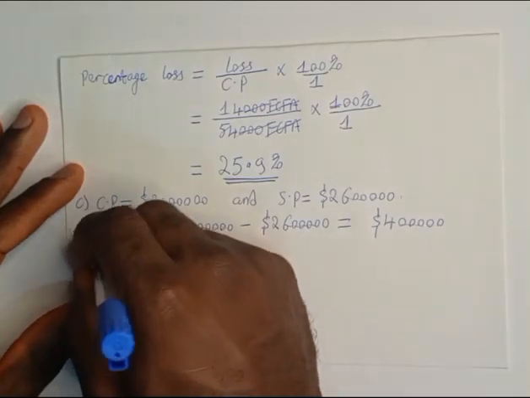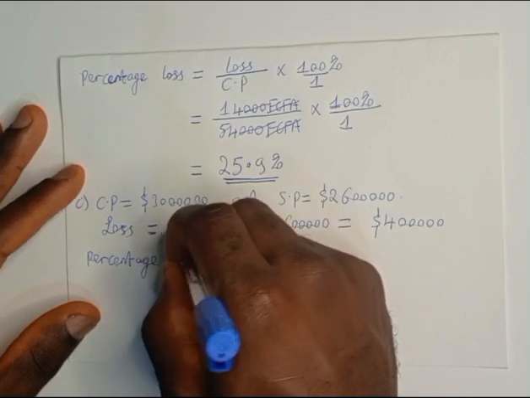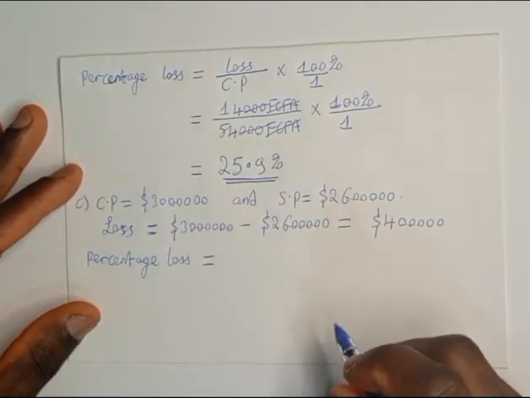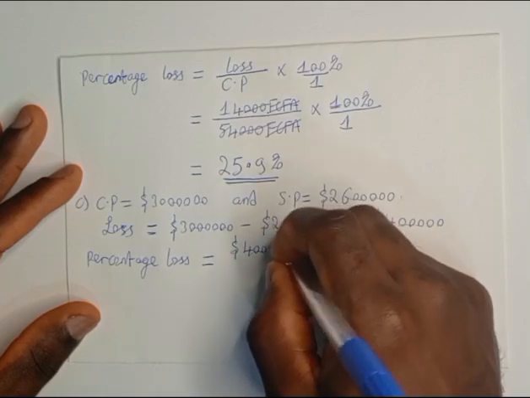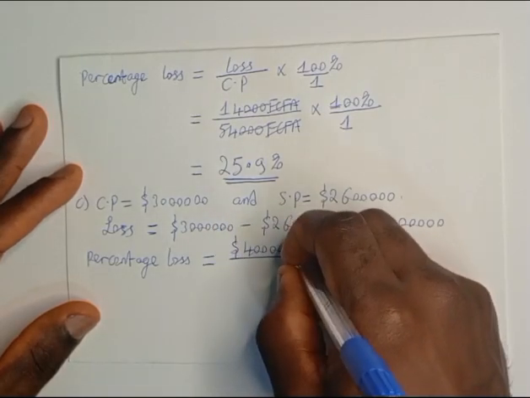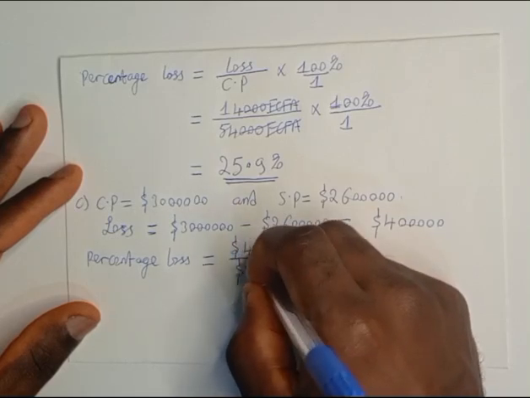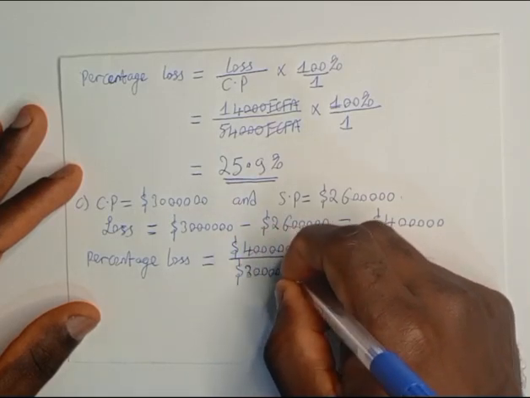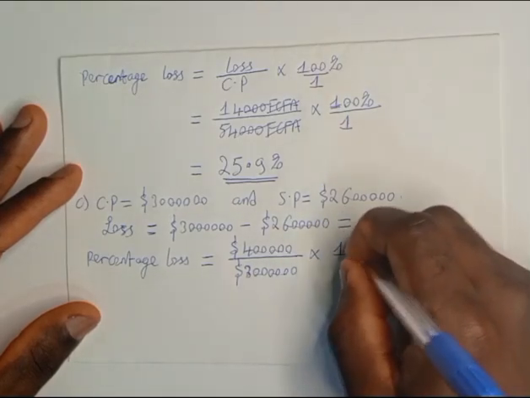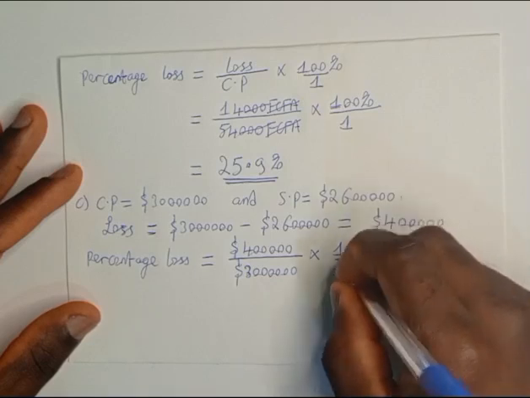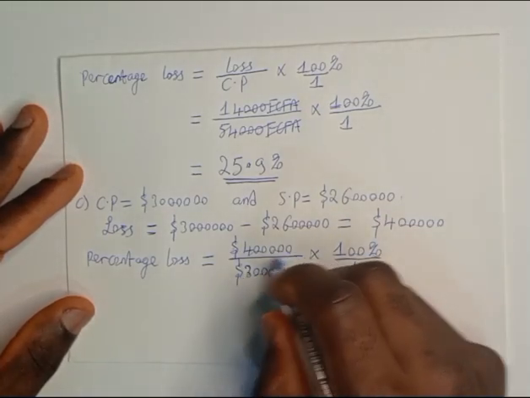Next, we need the percentage loss. Percentage loss is simply equal to the loss, which is $400,000, divided by the cost price, which is $3 million, times 100% over 1. Dollars, we strike off dollars.